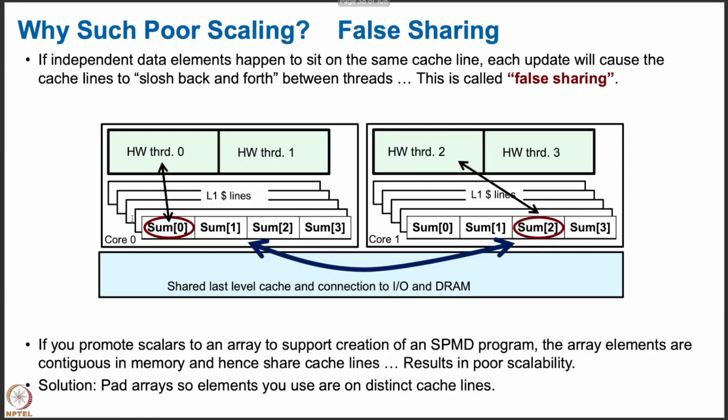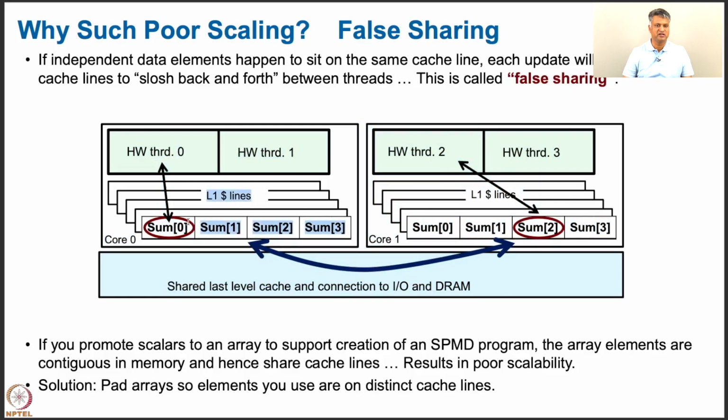So what essentially happens is that when you have 4 threads, they will get scheduled on multiple cores. But this array has now to be shifted back and forth from the higher level caches to the lowest level caches. When thread 0 is trying to write something to sum 0, this has to be copied to the lowest level of cache.